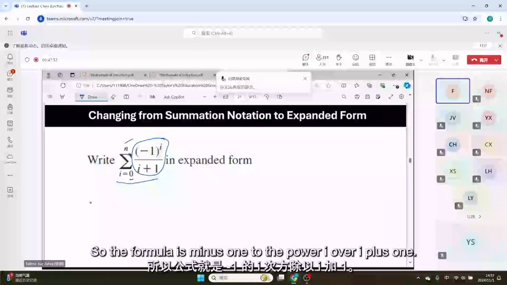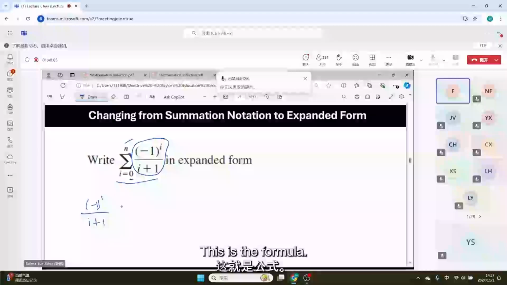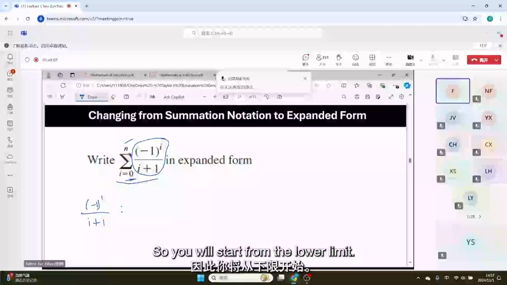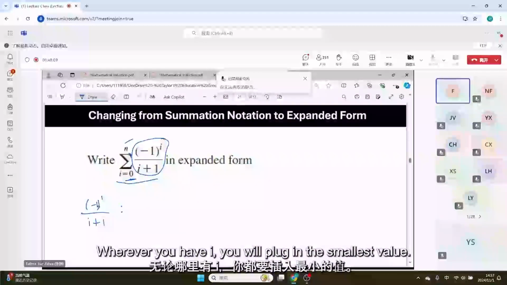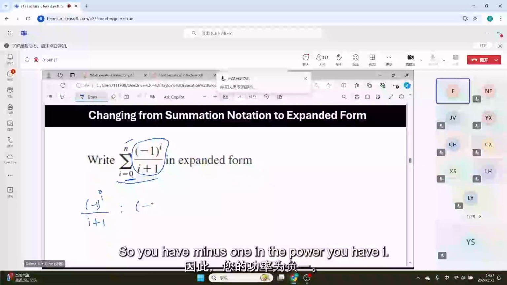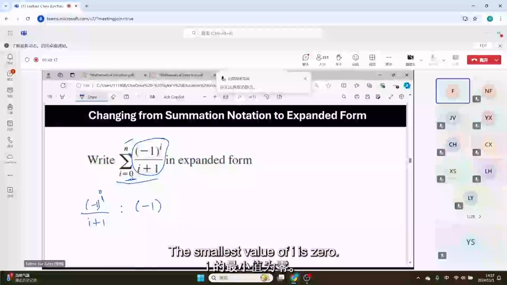The formula is -1 to the power i over i plus 1. So you will start from the lower limit. Wherever you have i, you will plug in the smallest value. So you have -1, and in the power you have the i value; the smallest value of i is 0.